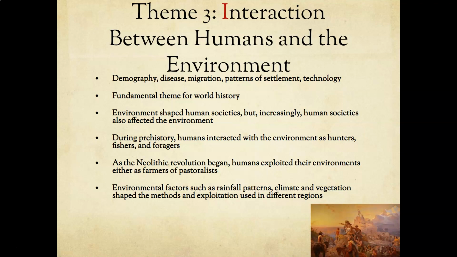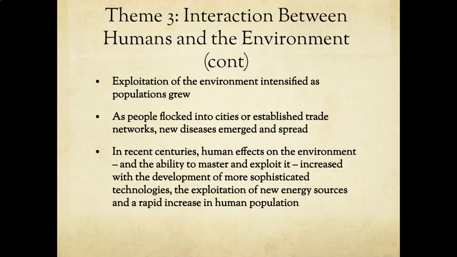Just look at the bottom bullet point here: rainfall patterns, climate changes, vegetation, our access to food can actually, in different regions of the world at different times, influence the other aspects, in particular the political ones.